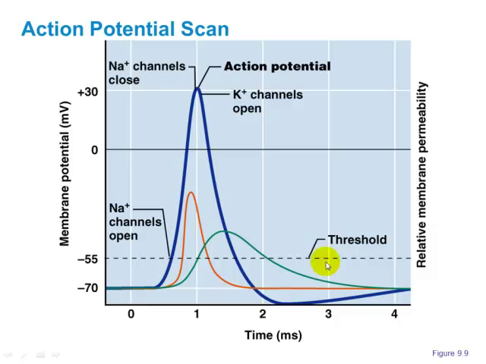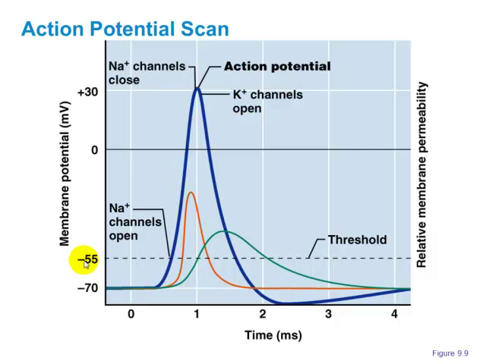Threshold is going to be extremely important in neurons. Basically, threshold is an amount of depolarization that is necessary to open voltage-gated channels, to kick off action potential. In the case of neurons, and we'll use the same relative number for muscle cells, we use minus 55 millivolts.